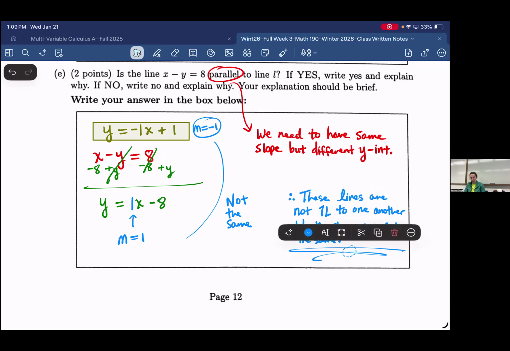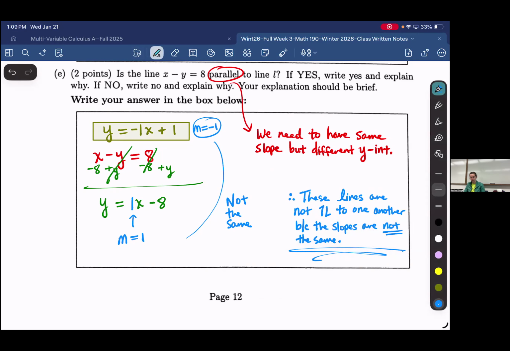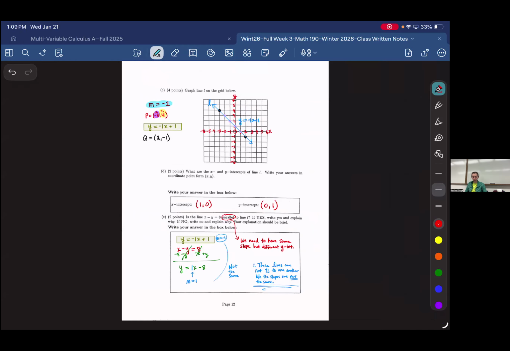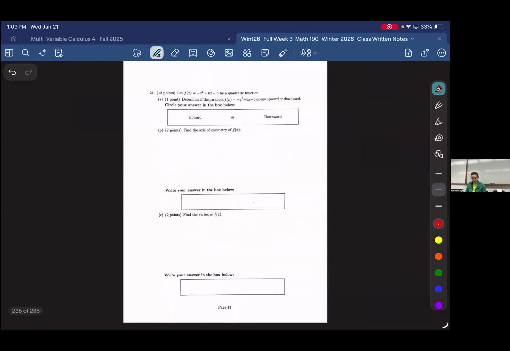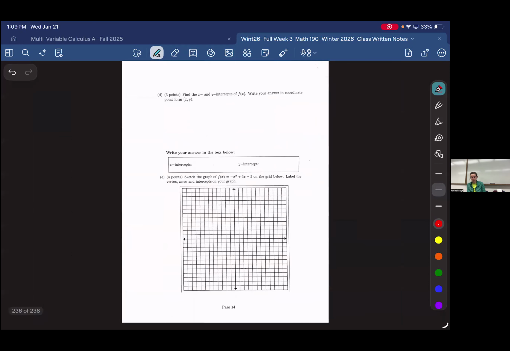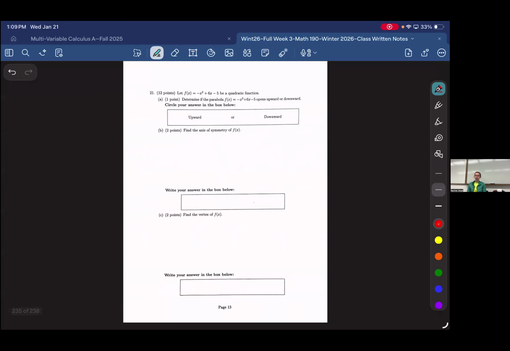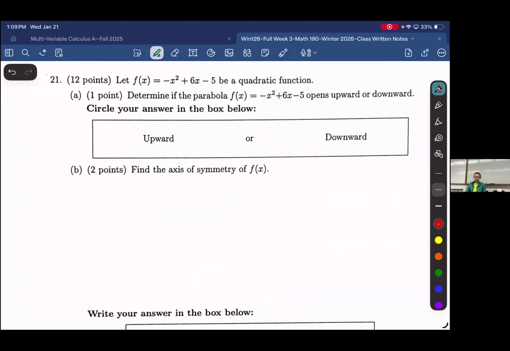One more question, guys. Powering through. Question 21, right? Lo and behold, we have our quadratic function problem, which there's a good chance this is going to be the last question on your final exam.